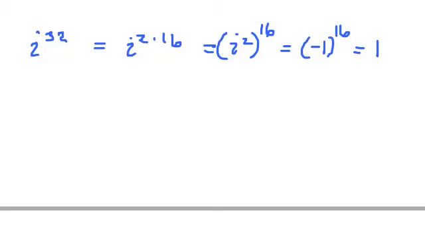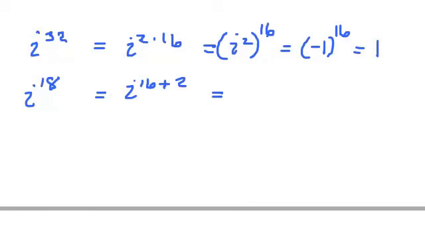Okay, what about, let's see, what do we got next? We got i to the 18th, I believe. i to the 18th. Yep. Okay, let's look at this one. So let's say we had 16 plus 2, 16, 17, 18, right?